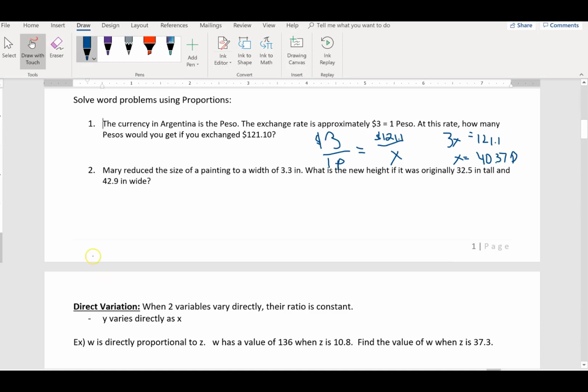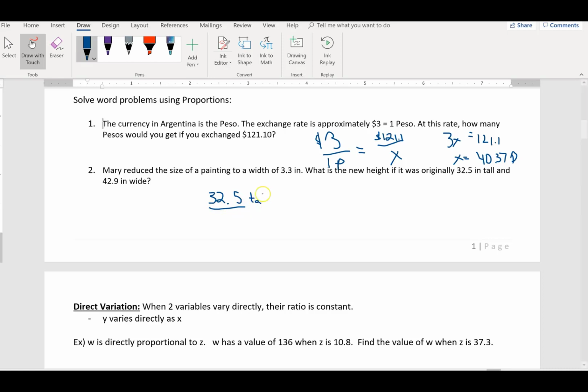Okay, the next example. Mary reduced the size of a painting to a width of 3.3 inches. What is the new height if it was originally 32.5 inches tall and 42.9 inches wide? So we have the original. We have 32.5 tall, and 42.9 inches wide.